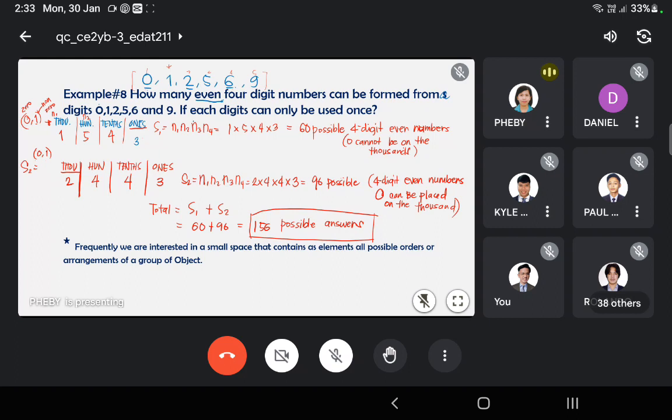So, maraming mga arrangement, possible orders na pwedeng magawa sa isang maliit na space or sample space. Katulad niyan, di ba? So, there are only 6 digits na pinag-uusapan, pero there are 156 possible answers na pwedeng lumabas as per the given condition. Okay? So, yung tinatawag nating arrangement is what we call the permutation. So, which we will discuss next meeting na class, okay?